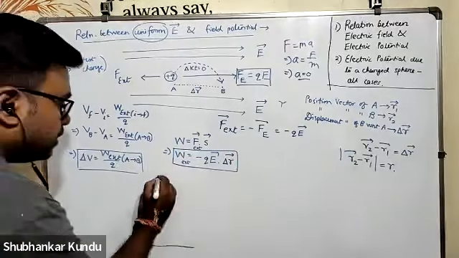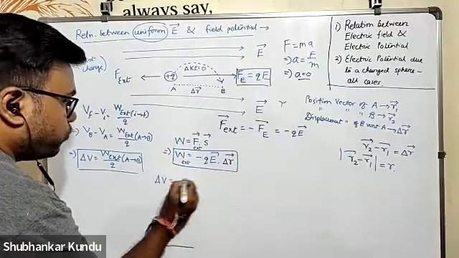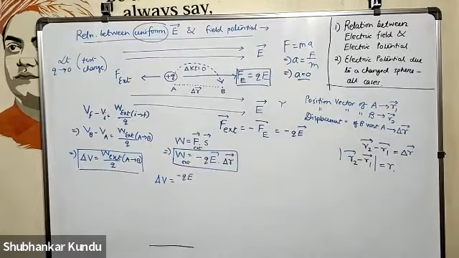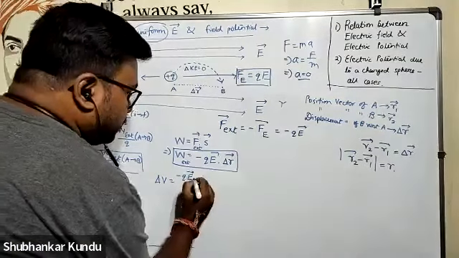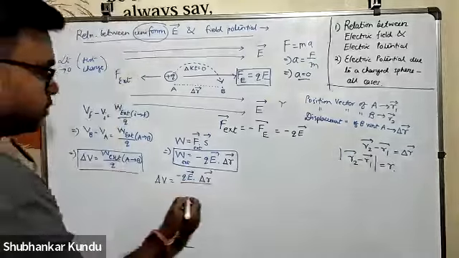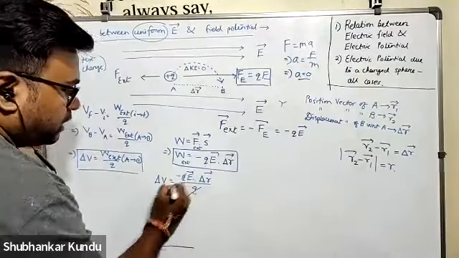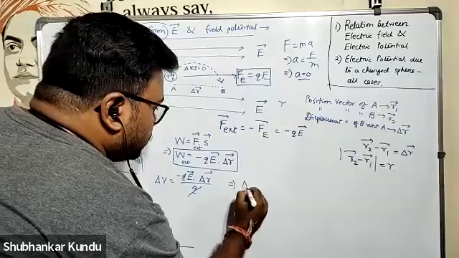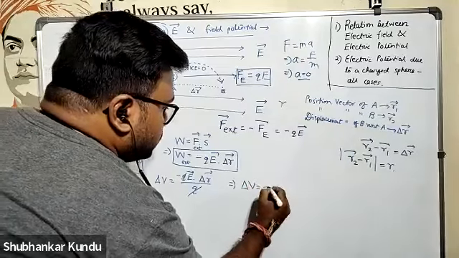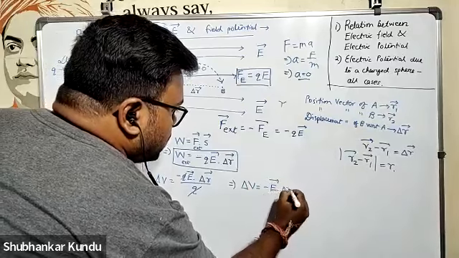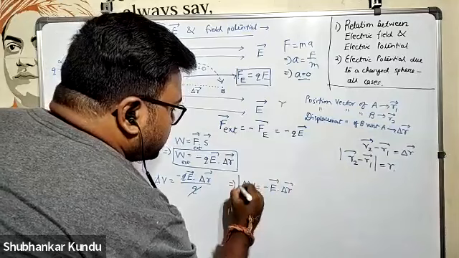We'll have delta V equal to the work done, minus Q E vector dot delta R vector, divided by Q. Q will cancel out, so we have potential difference equal to minus E vector dot delta R vector.